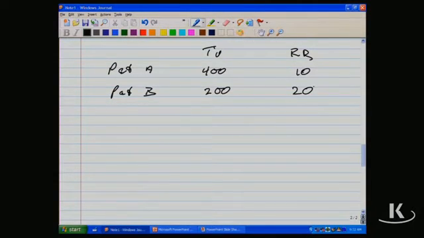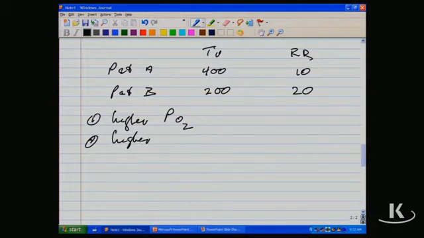And you're asked, which would you expect of the two to have the higher PO2? Which one would you expect to have the higher PCO2? And which one would you expect to have the higher pH?